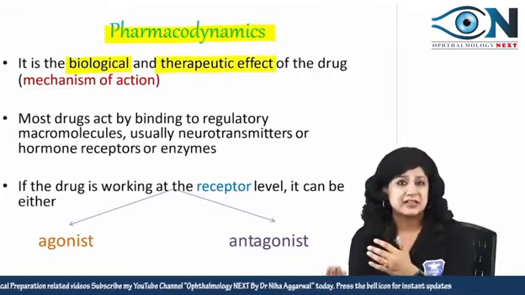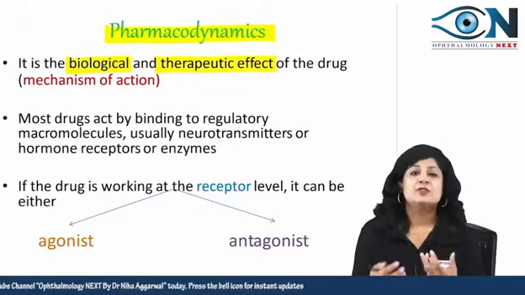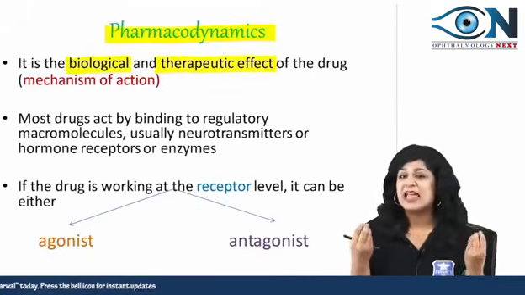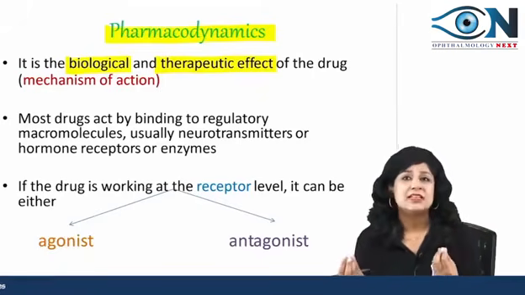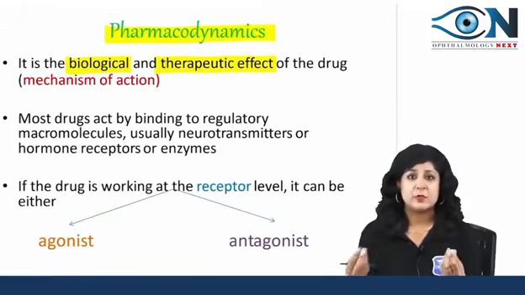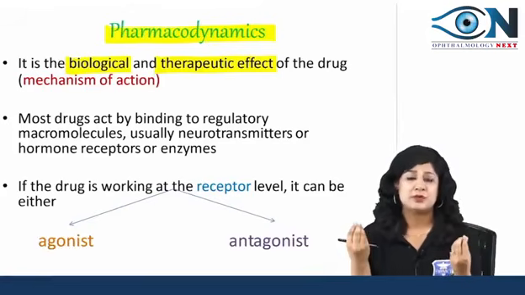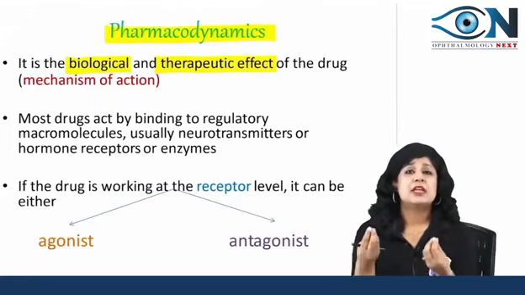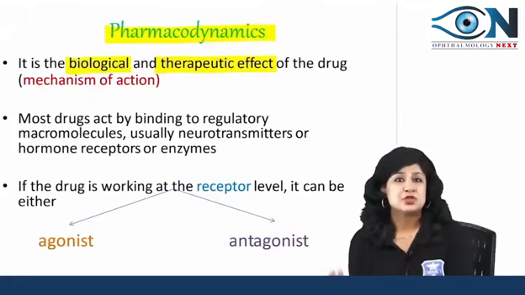Dynamics means activity, pharmaco means drug. I always have this habit of teaching by splitting the words. Even if you forget the meaning, you can quickly split the word and the answer is in front of you. So it is just the mechanism of action of that drug.